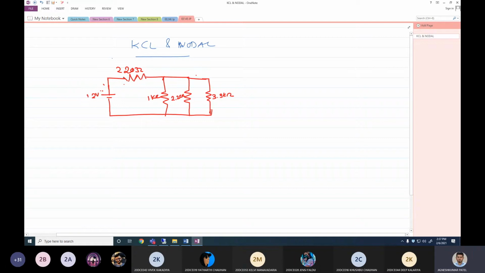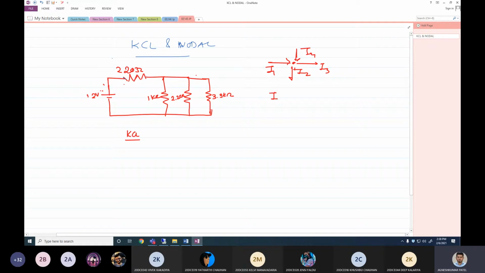Based on KCL and nodal analysis, you can calculate the current here. KCL states that if I have n number of currents entering and leaving a node, and I perform an arithmetic sum of all the currents, let us say I1, I2, I3, I4, keeping the direction of the current in mind, the arithmetic sum will result in 0.